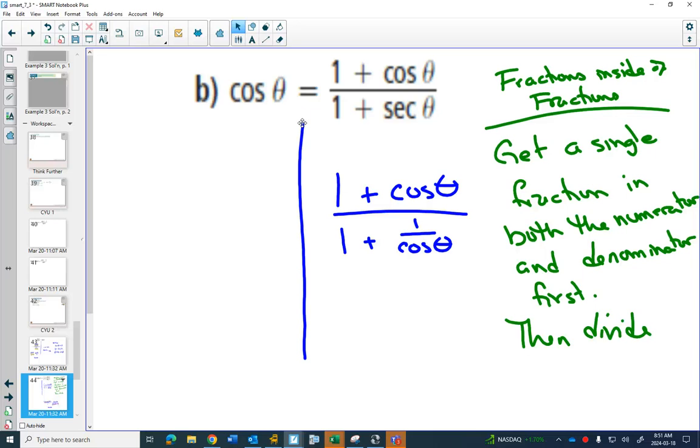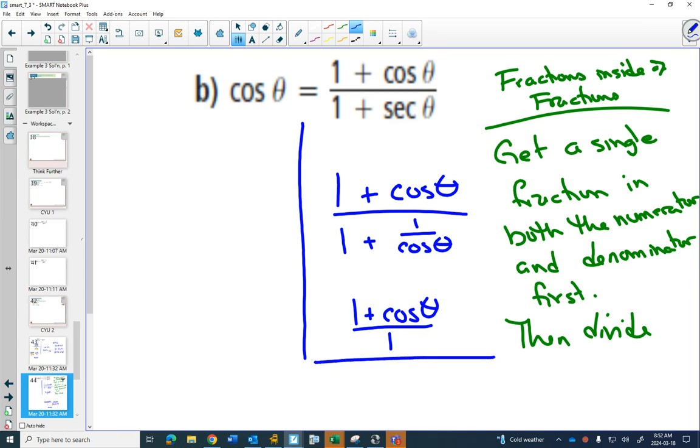This is a super important strategy and one that students like to skip, and it creates all sorts of mistakes when they skip it. So, how do I do this? Well, first of all, I hope that you see that the top, since those are both over 1, we could technically write that as a single fraction. It's all over 1.